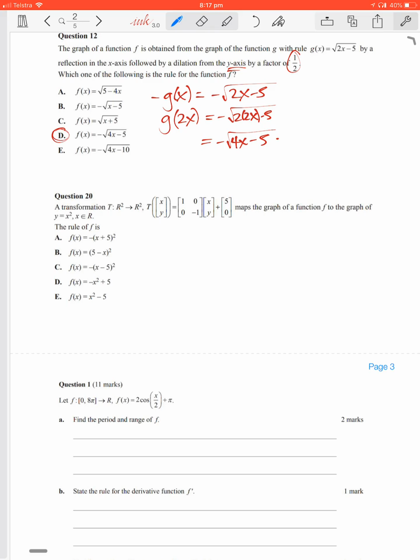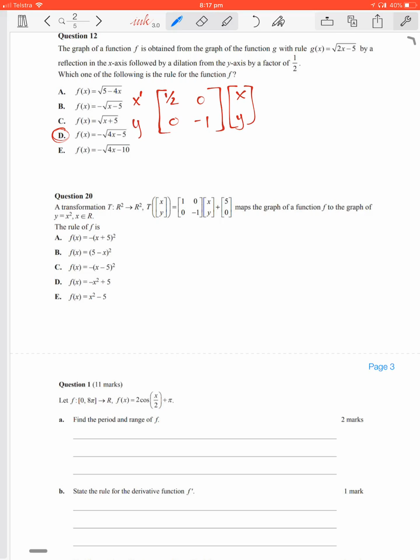which is this answer here. If we wanted to do it in matrix notation, we could say a reflection in the x-axis followed by a dilation of half from the y-axis, so a half, 0, 0, negative 1 times x, y gives x dash, y dash. Okay, so I get x dash equals a half x, y dash equals negative y.